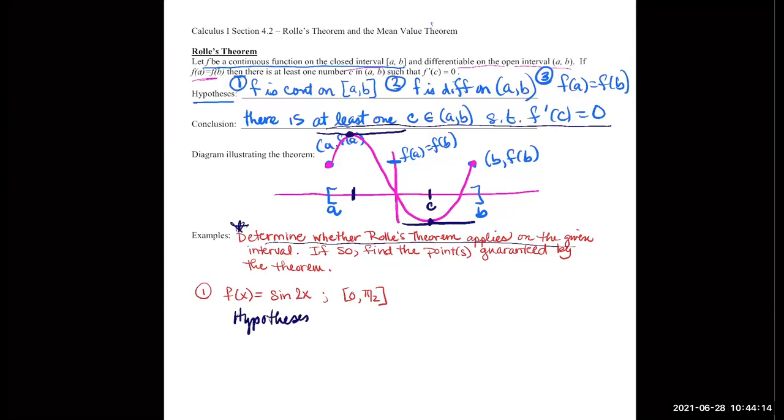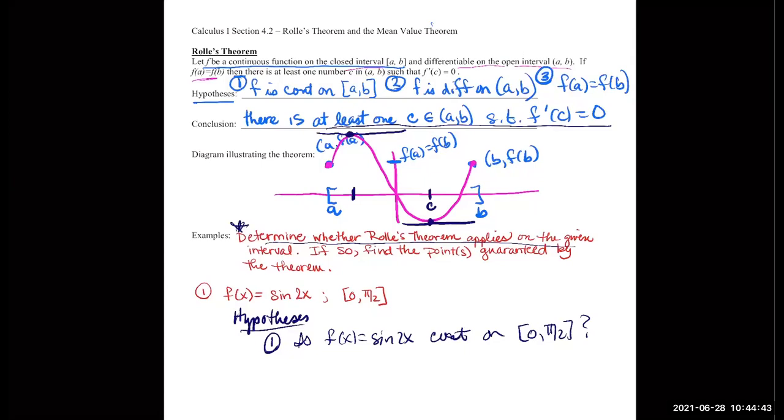Okay, if we want to know if the theorem applies, we have to check, first of all, is f, which in our case this time is sine 2x, continuous on the interval from 0 to pi over 2? That's the question. And notice I'm just taking sine of 2x.